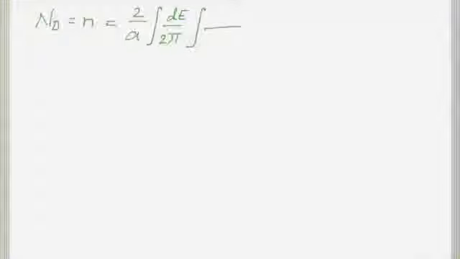I haven't really talked about this. But if your potential is only varying in one direction, by implication, you have an infinite cross-section in x and y if your potential is only a function of z. And so we have to integrate over the transverse momentum, as we talked about in chapter 3 or something.